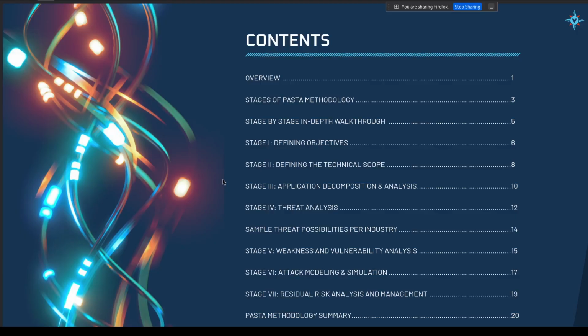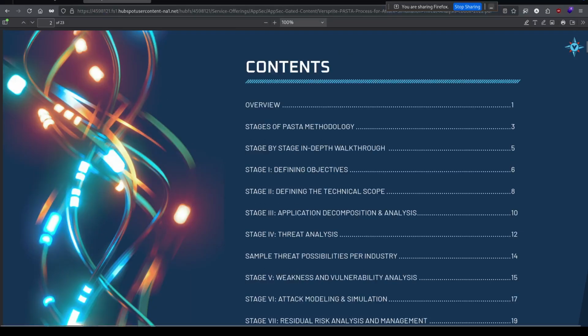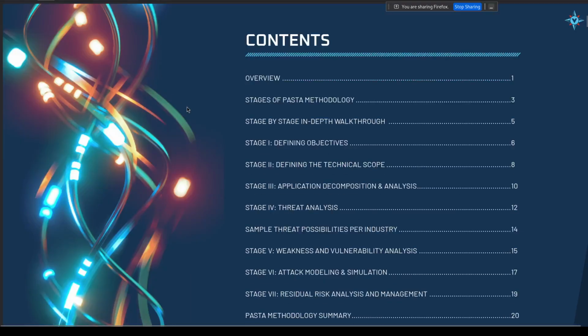So, threat modeling is basically a process which is done in the design phase of the software development lifecycle. In software development life cycles, we have various phases, right? The first one is requirement gathering, then design, then you code the application, then you build it, then you deploy it, then you test it, and then you monitor it.